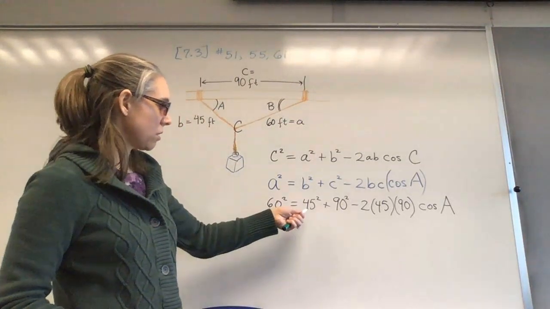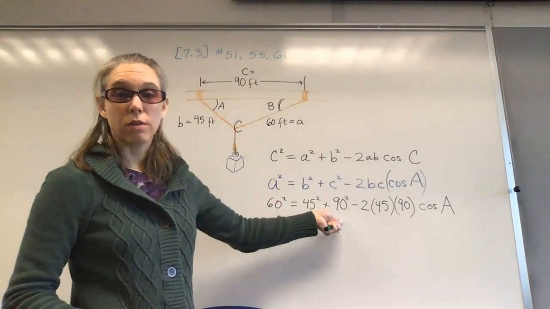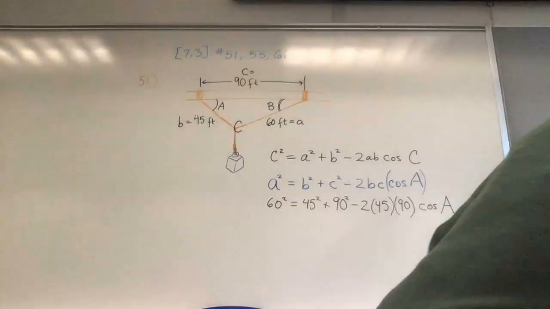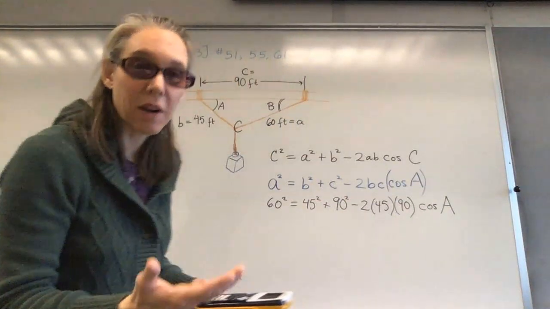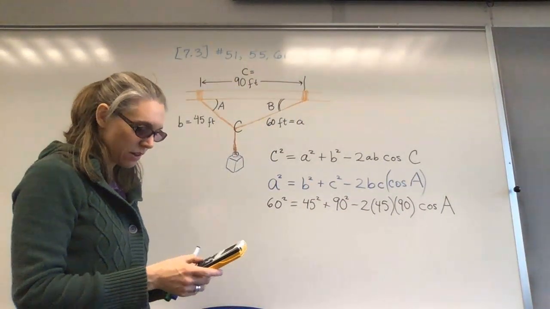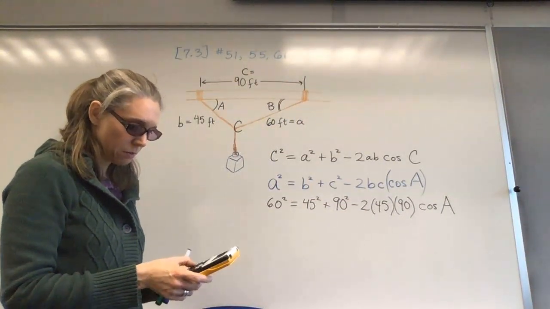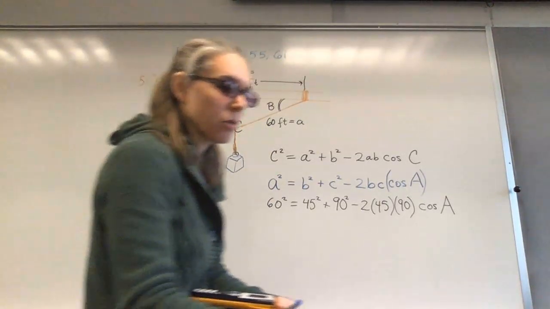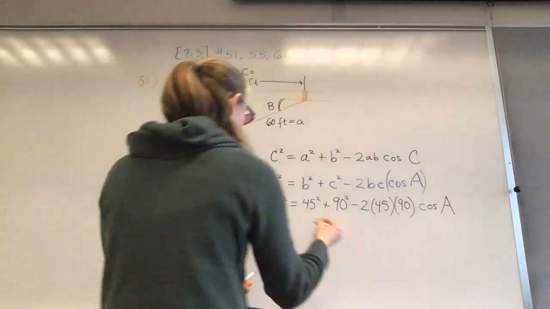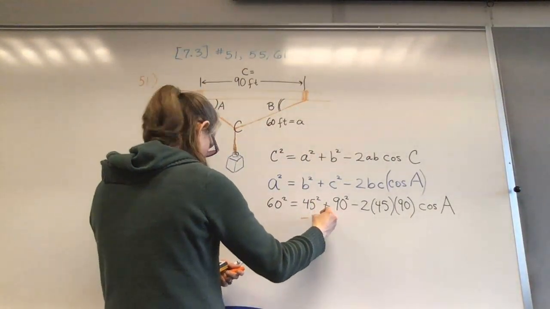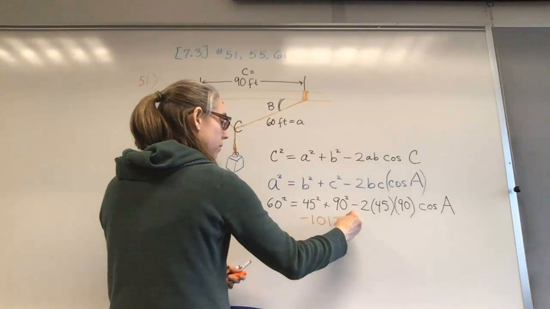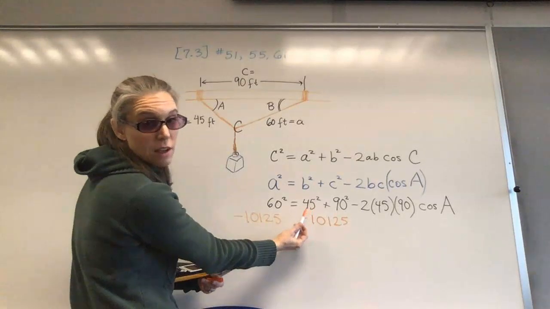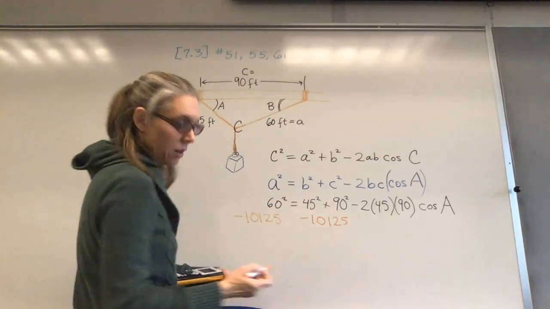So next what I want to do is I want to subtract 45 squared and 90 squared from both sides. 45 squared and 90 squared sum to 10,125. So I'm going to subtract 10,125 from both sides, which again is the sum of 45 squared and 90 squared.